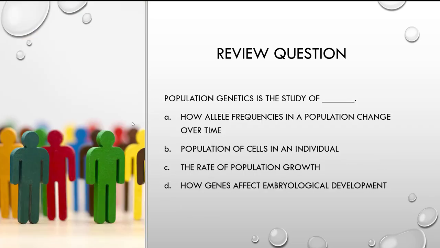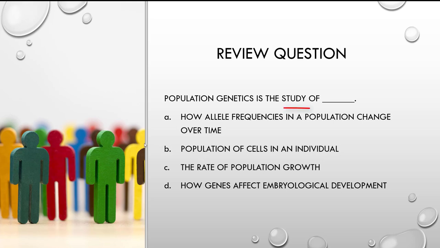And finally, we have population genetics is the study of, is it A, how allele frequencies in a population change over time? B, population of cells in an individual? C, the rate of population growth? Or D, how genes affect embryological development? What is population genetics?